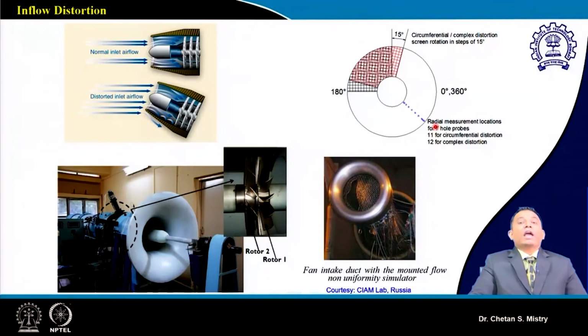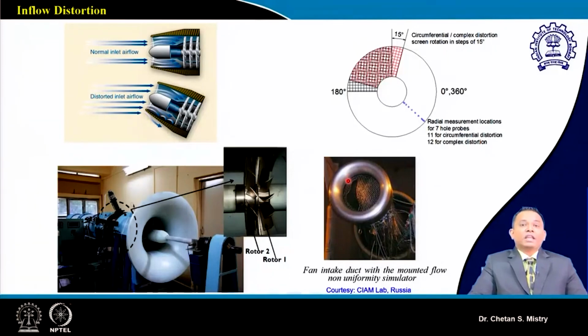Now, in an actual engine also, this is the experimental facility at the Swayam Lab, Russia. When we were doing our study for a counter-rotating fan at low speed configuration, they were exploring a counter-rotating fan for high speed application. And for that, they have taken this as the distortion screen.